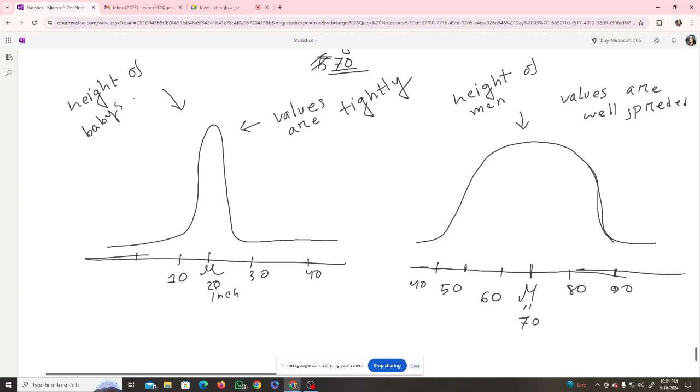But this should be a little shorter, right? Because the wider the range is, the shorter the distribution looks. So let's just erase it. And in this case, you will understand that most of the kids have a height of 20 inches, and men have a wide variety of heights.